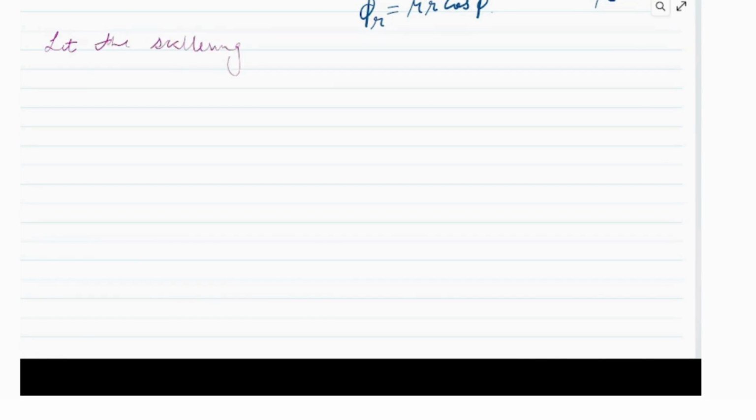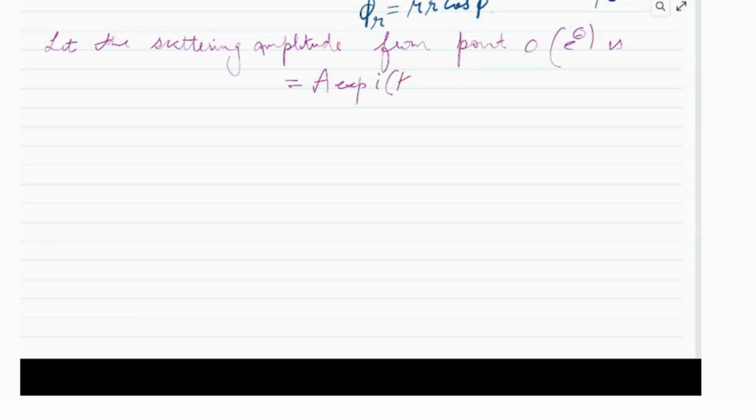Let's consider the amplitude of the scattered light from electron and from the whole atom separately. So the light amplitude scattered from point O, which was actually the electron, is taken to be of the form A exponential iota kx minus omega t. Here k is actually 2 pi by lambda, and the X-ray which is scattered from the volume dV will have a number of electrons in that, because electrons are distributed in that volume.